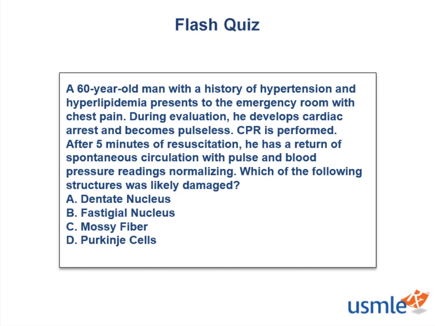After 5 minutes of resuscitation, he has a return of spontaneous circulation with pulse and blood pressure readings normalizing. Which of the following structures was likely damaged? A. Dentate nucleus. B. Vestibular nucleus. C. Mossy fiber. Or D. Purkinje cells.